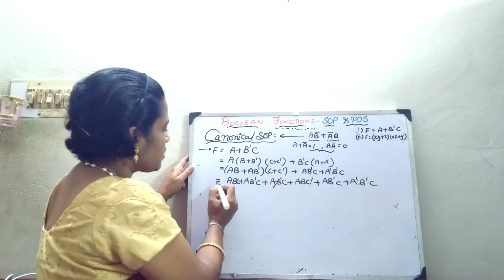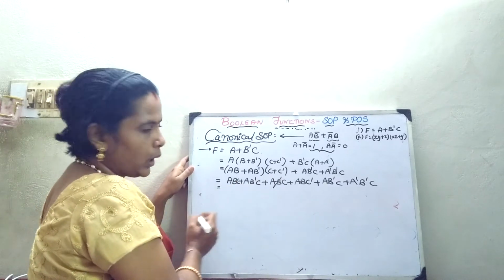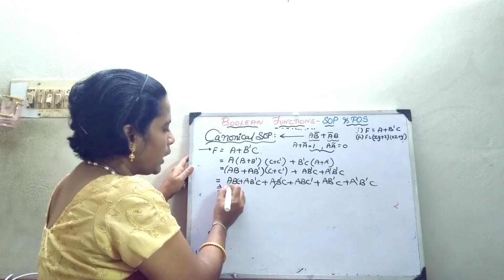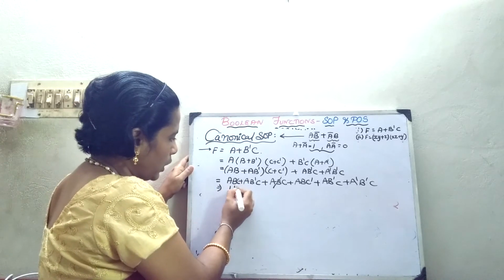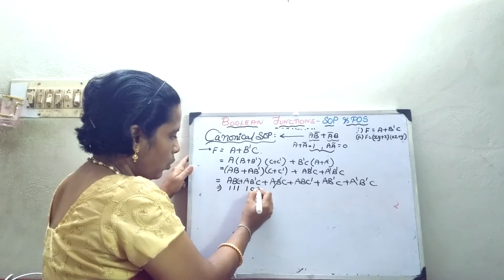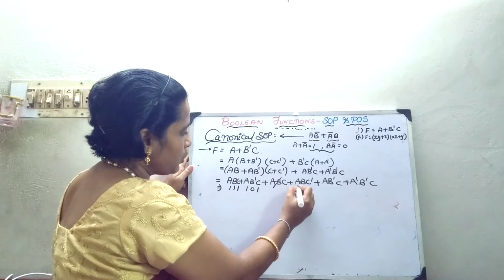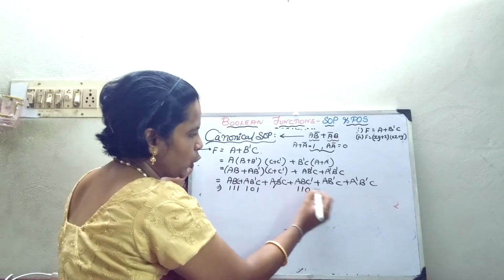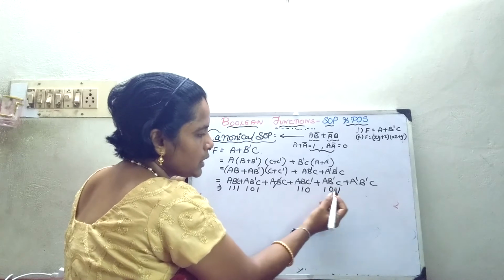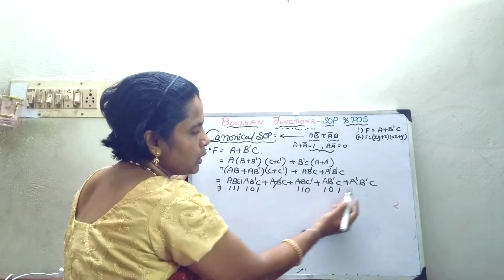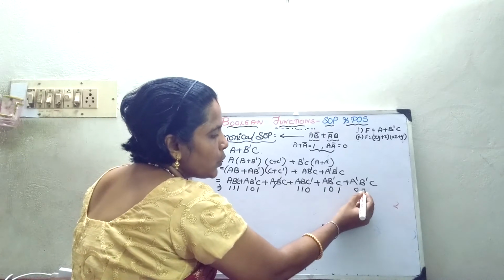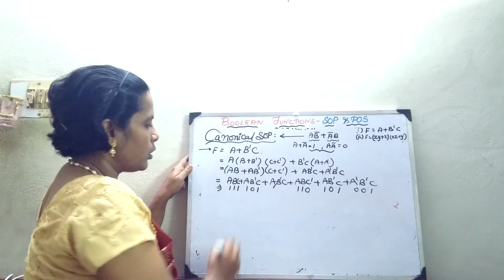Suppose ABC is there. Okay, now you just write in terms of the binary value required. So what is this ABC? What will be the value? 1, 1, 1. Then 1, 0, 1. Now here it is the same thing. So here it is going to be 1, 1, 0, then 1, 0, 1. That is, whichever is complemented, I am making it 0. That's all. For this it is 0, 0, 1. So what is your minterm?